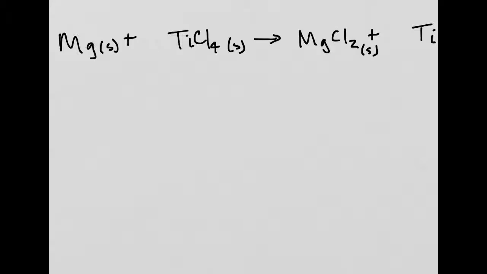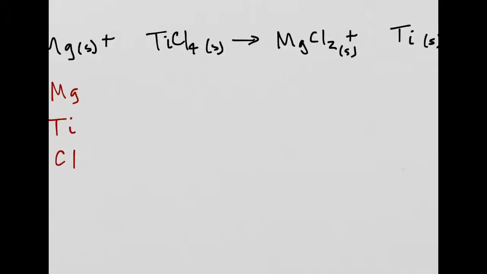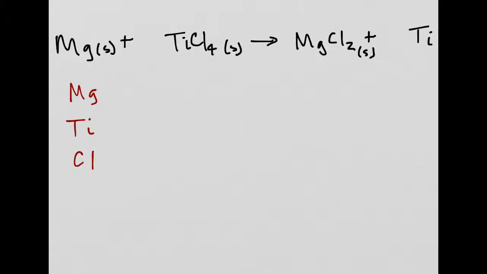So we take magnesium, titanium, and our chlorine. I'm going to select this group and paste it right here, and put little colons here because this is where our numbers are going to be.